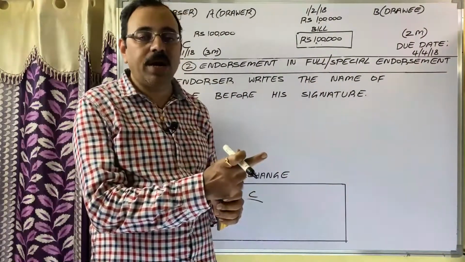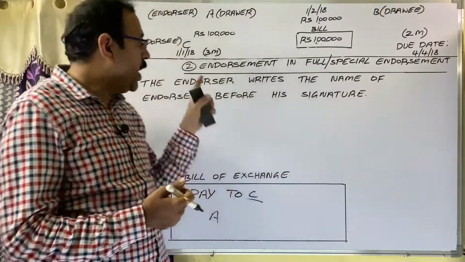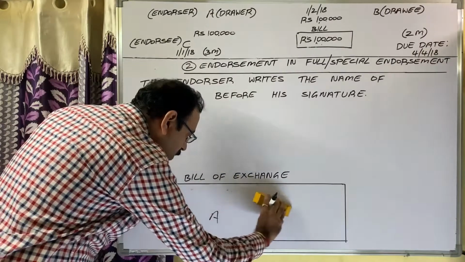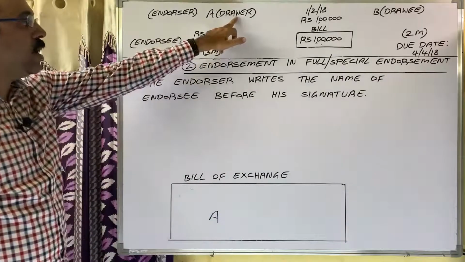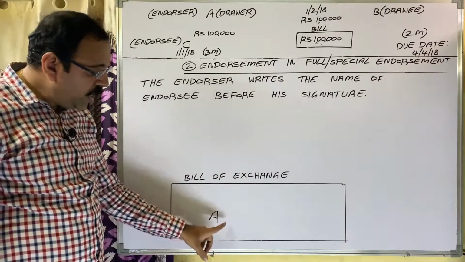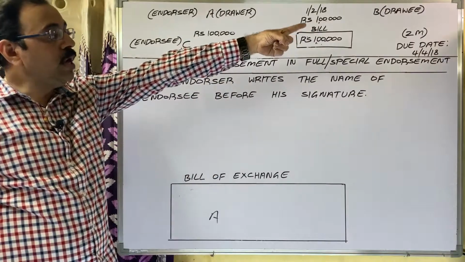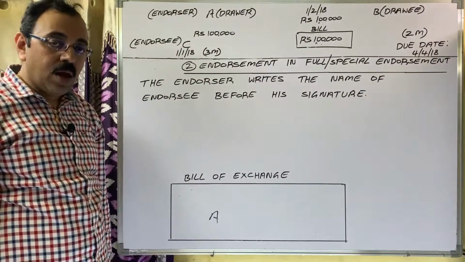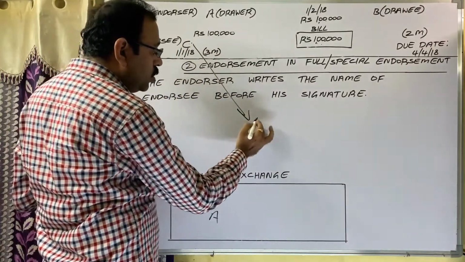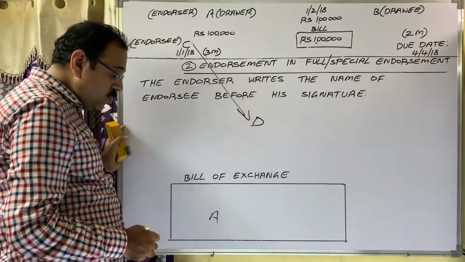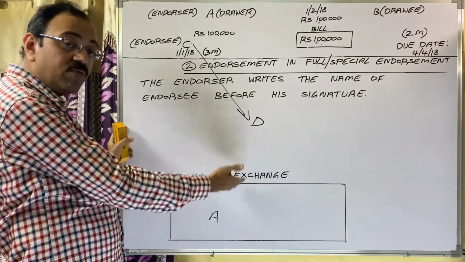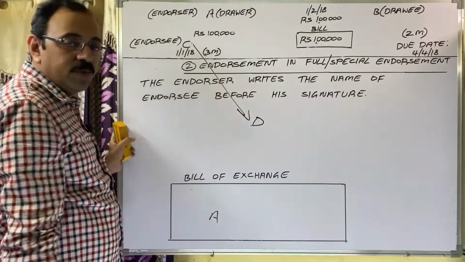A blank endorsement can easily be converted into endorsement in full. For example, without mentioning the endorsee's name, A endorsed this bill. This endorsement is known as blank endorsement, no? So anybody can take the money on the due date by submitting that bill to B. And C endorsed this bill to D. Now what C wants to do is convert this blank endorsement into endorsement in full.